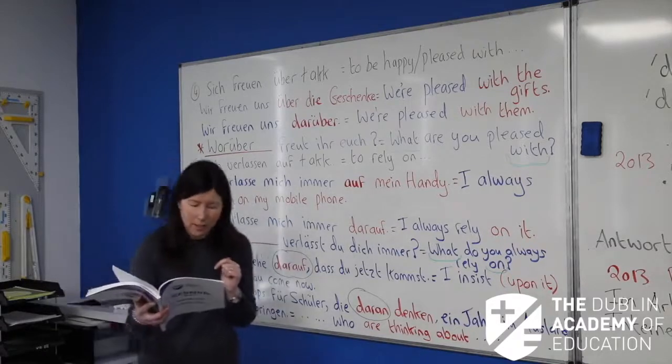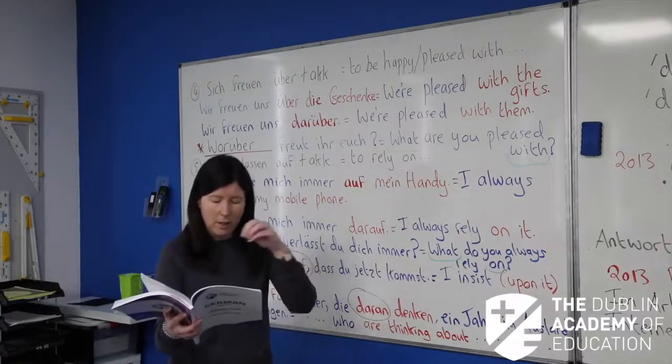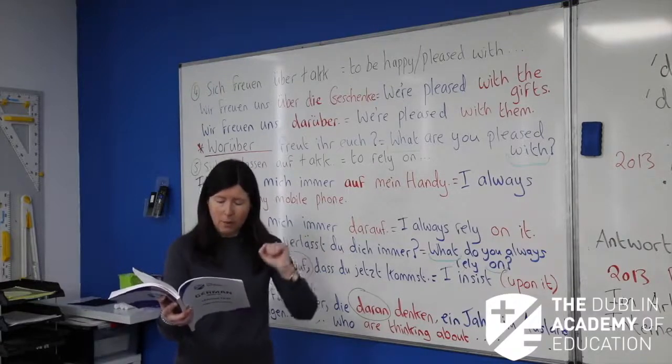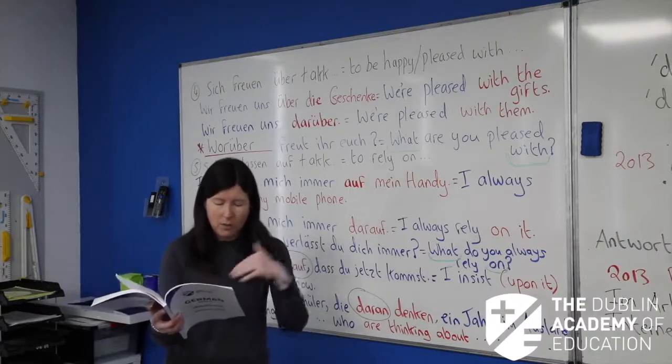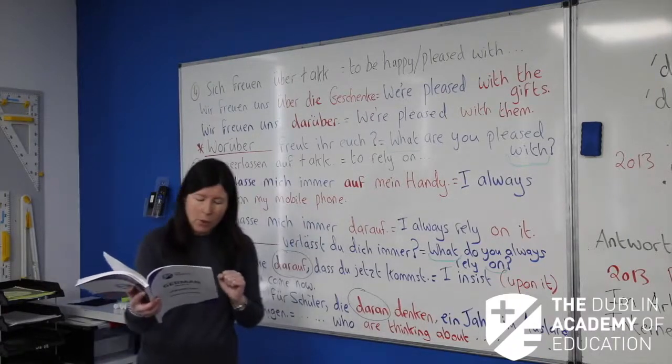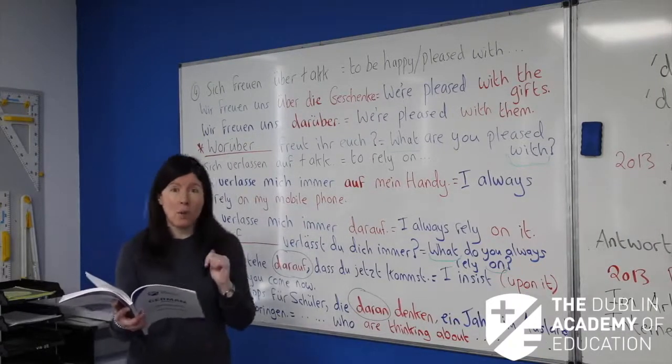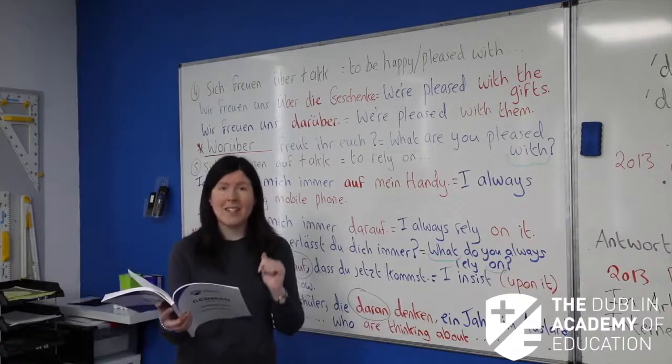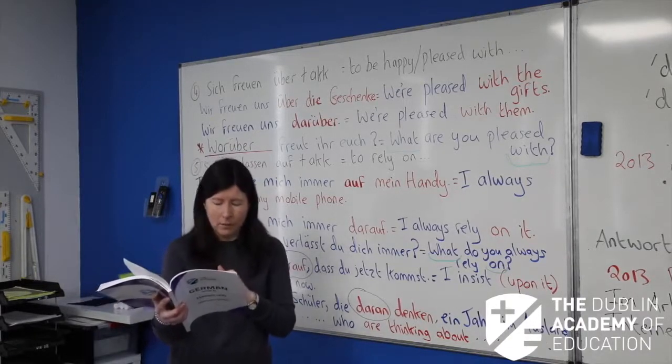Darauf should be your answer there. Then to what does the teacher point? Or what does the teacher point to? So to what zeigt der Lehrer? Your answer there should be worauf. Worauf zeigt der Lehrer. Okay?